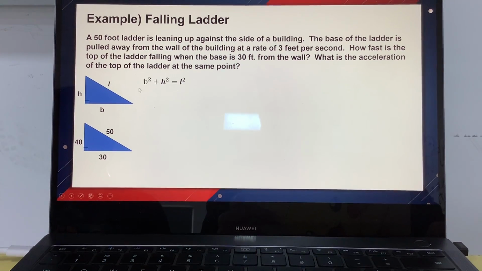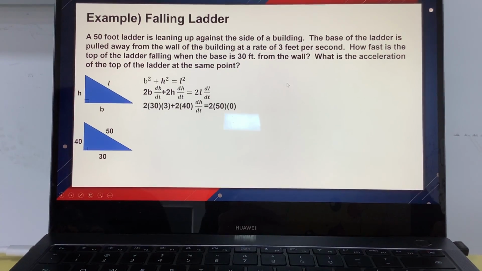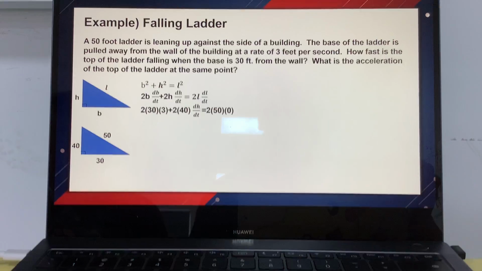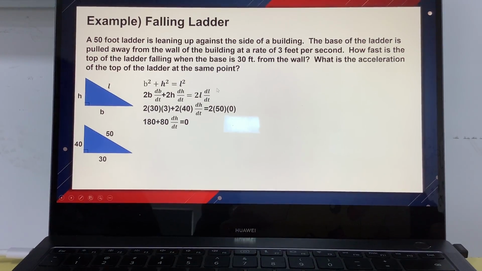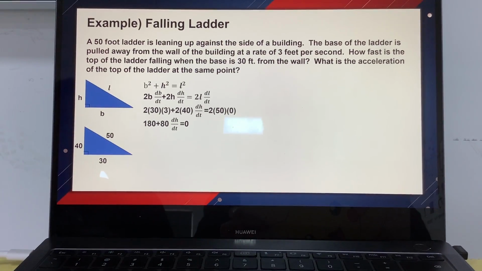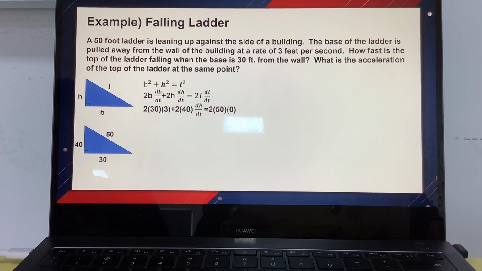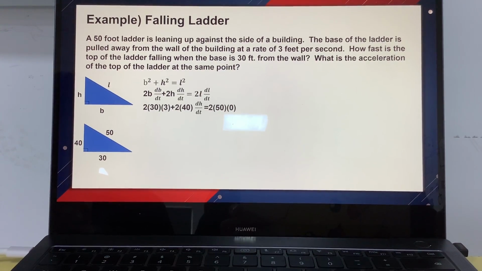Using the formula, we know h equals 40. So to calculate how fast the top of the ladder is falling, we have 2b db over dt plus 2h dh over dt equals 2l dl over dt.